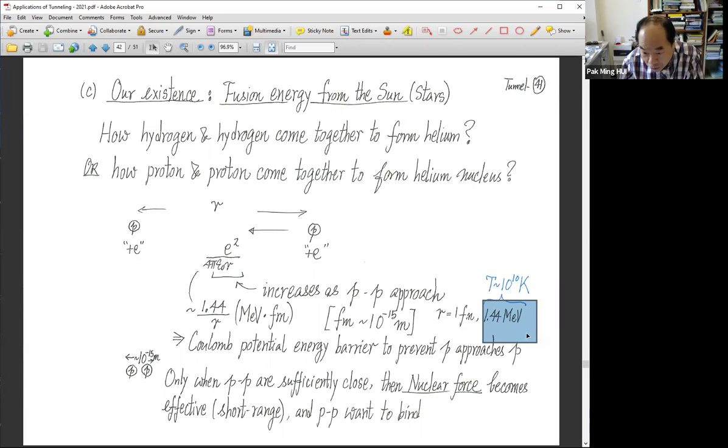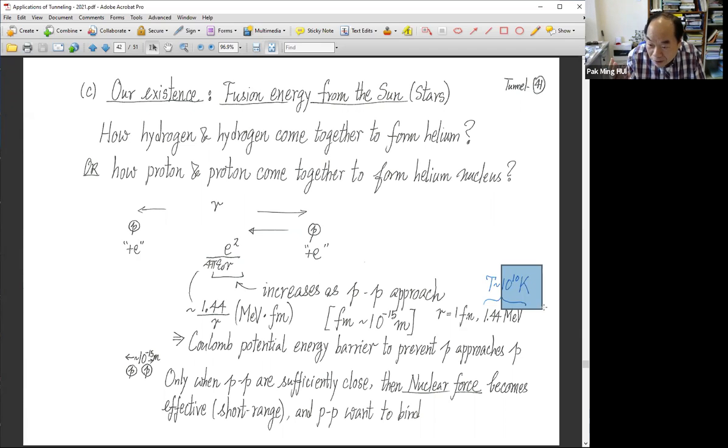If you change MeV into kT, temperature or thermal energy, this temperature is 10 to the 10 K. That is to say, if you can put protons in a hot bath at 10 to the 10 K, even thermally they could come together to that distance and then bind together to form heavier nuclear matter.